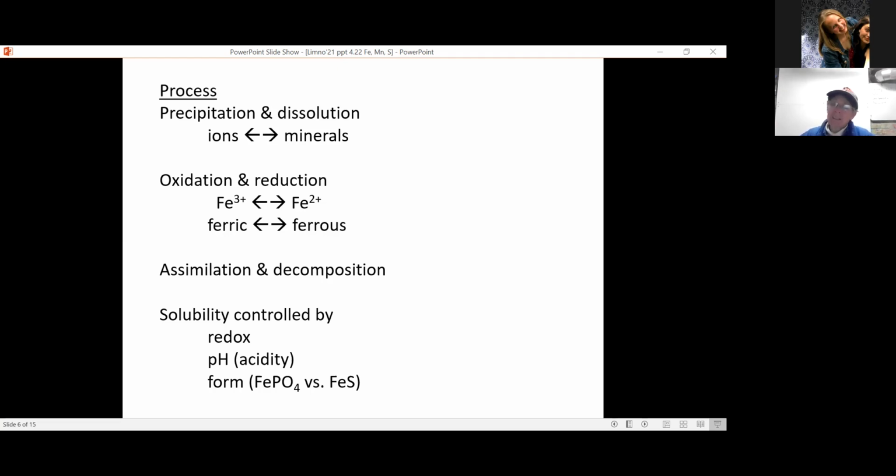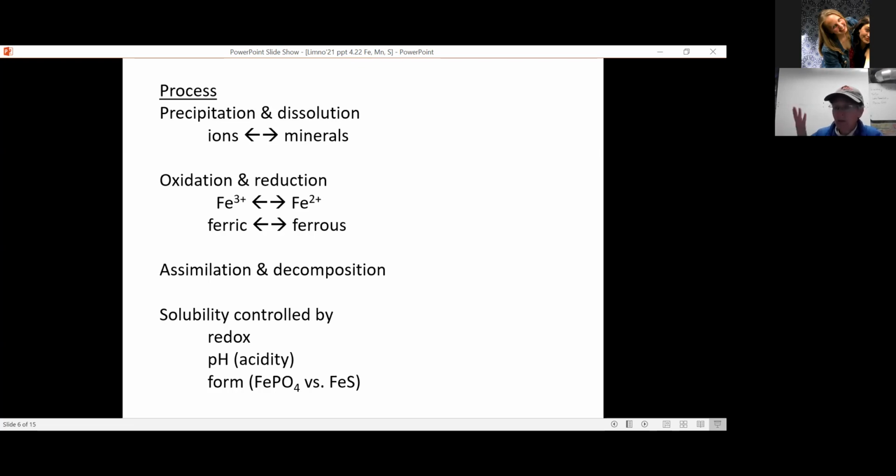Now, the solubility of the iron in the water is another important factor. And the solubility of the iron is determined by the redox potential of the water, the pH of the water, and the form of the iron. So I think we'll talk about these things. The solubility of the iron is affected by the redox potential of the environment. Is it an oxidizing environment, or is it an anoxic reducing environment?